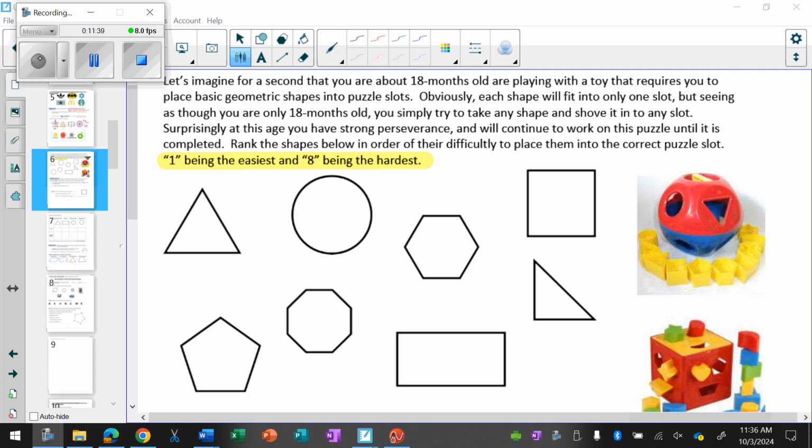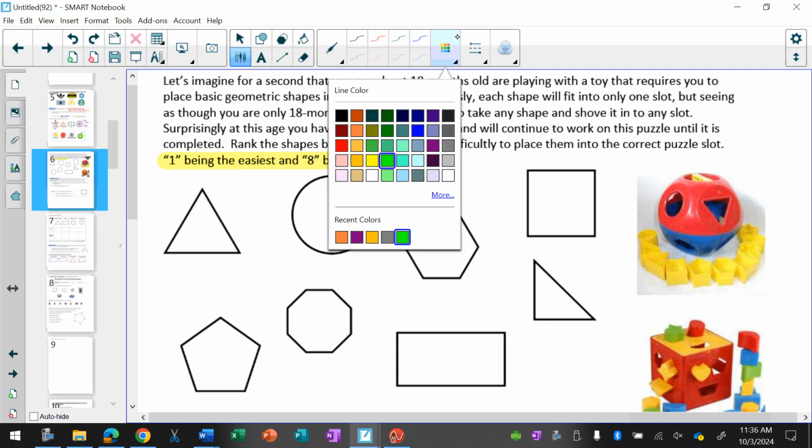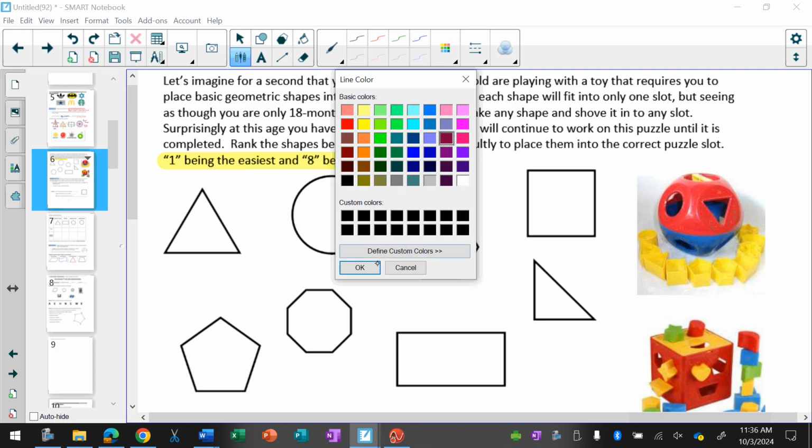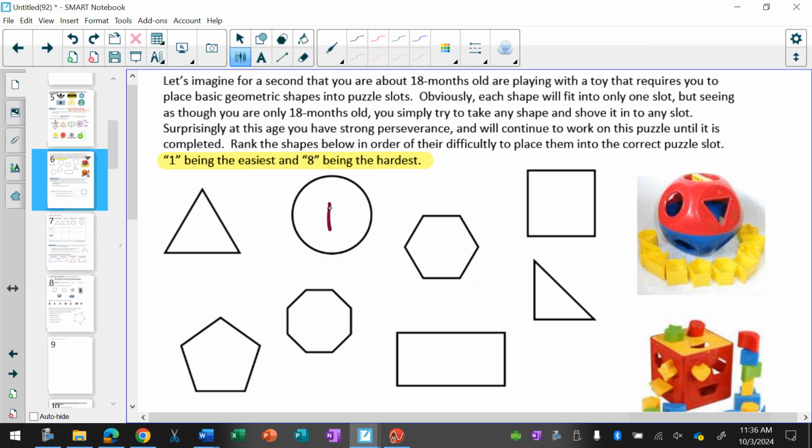Okay, so when I do this when I'm live and in person, what usually happens, not everybody, but a majority of the students in the class will pick the circle as the easiest. And then a lot of them will pick the rectangle as the second easiest because that's the shape that's easily identified.